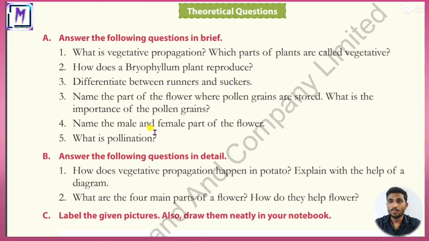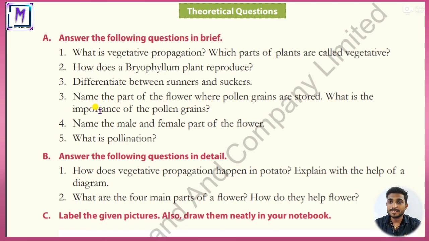Now see the next: name the part of the flower where pollen grains are stored, and what is the importance of pollen grains? First, the importance of pollen grains. As we know, the pollen grain is the male part of the flower which develops the fruit when it fuses with the female part called the ovule at the ovary.